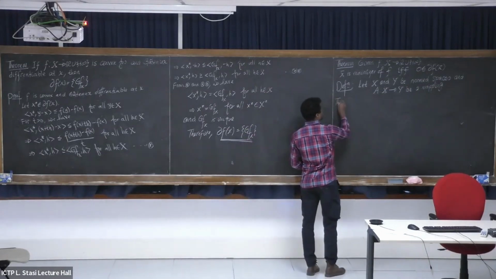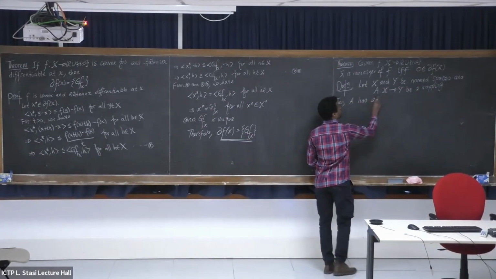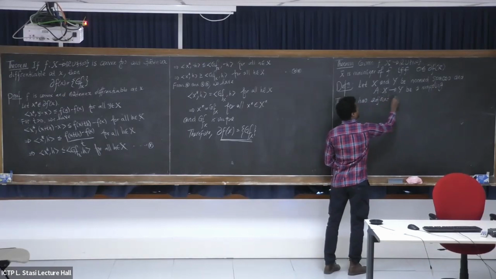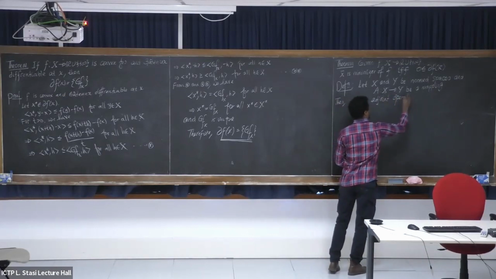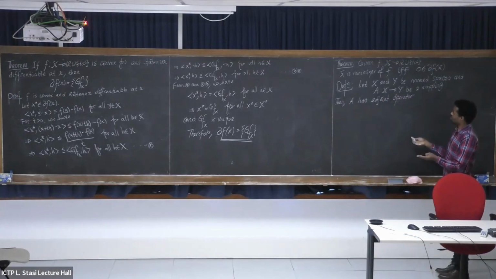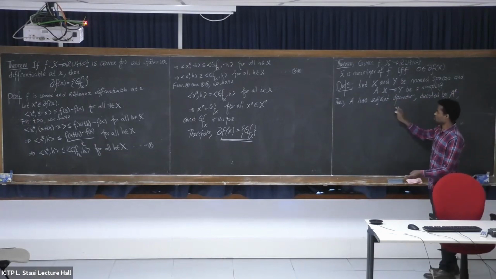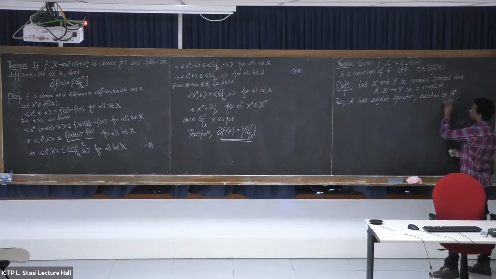A has an adjoint operator, if it exists; it might not exist. It is denoted by A star. A has an adjoint operator if such an operator exists.